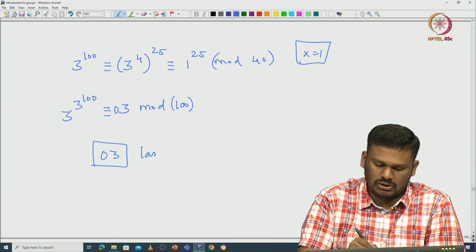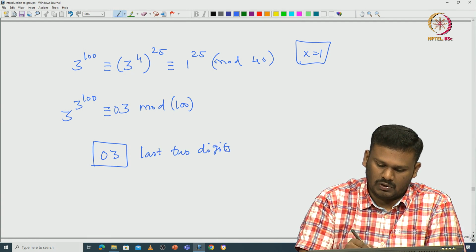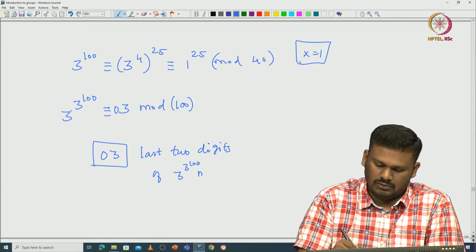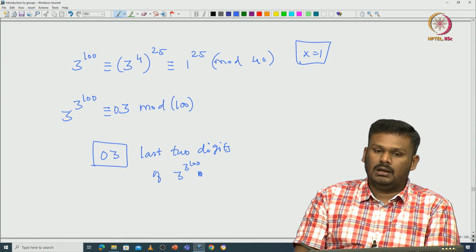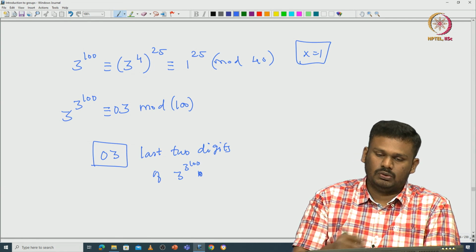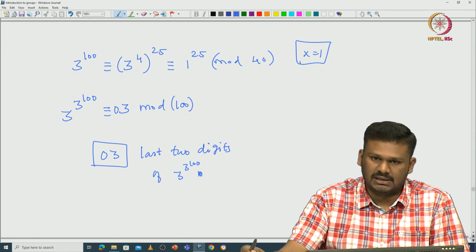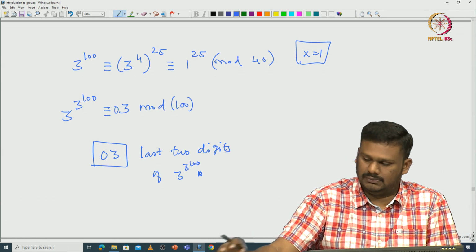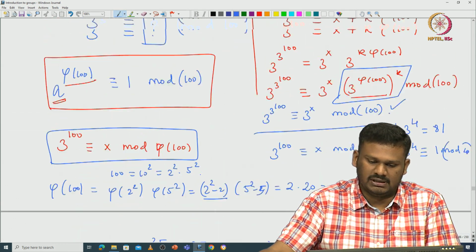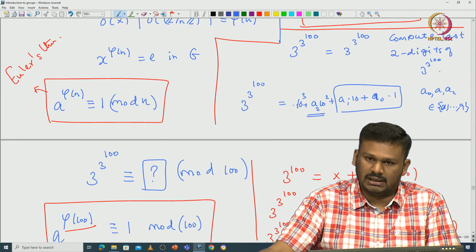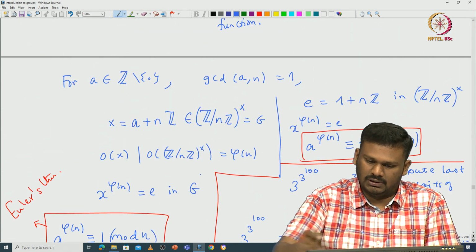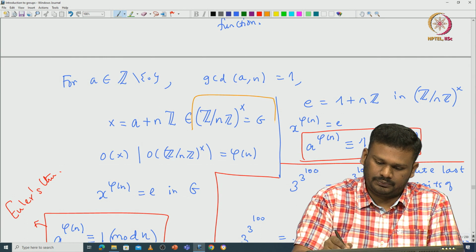These are the last 2 digits of 3 power 100. So one can do such computation very easily because of Euler's theorem, and Euler's theorem is a very simple consequence of Lagrange's theorem when you apply it to this particular group.